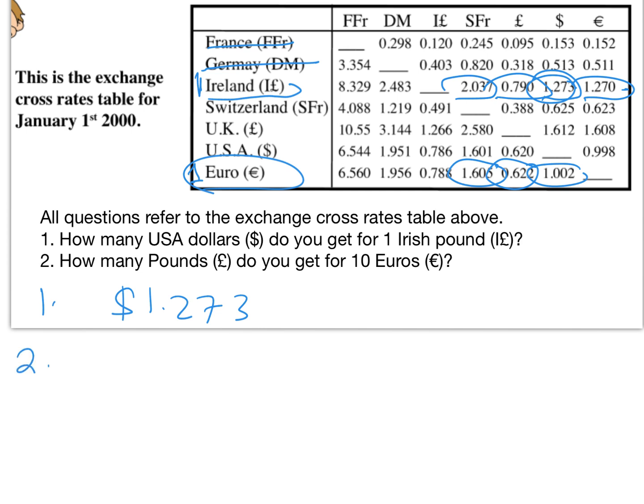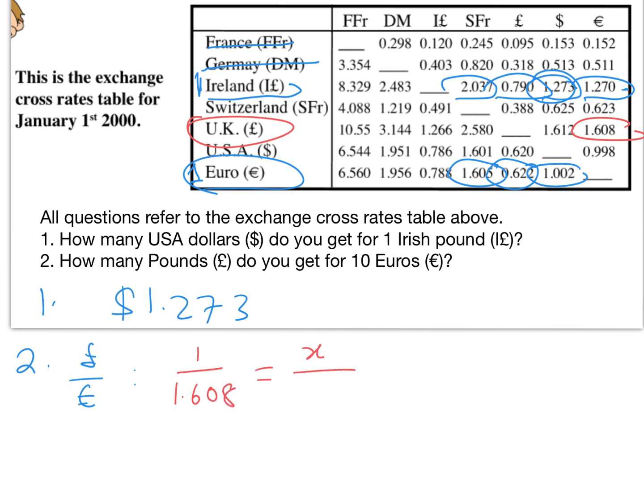For number two, how many pounds do you get for 10 euros? In this case, we will need our proportion. If you want to put pounds over euro, the order is up to you. So we have 1 pound over 1.608 euro, and we want to solve for pounds.